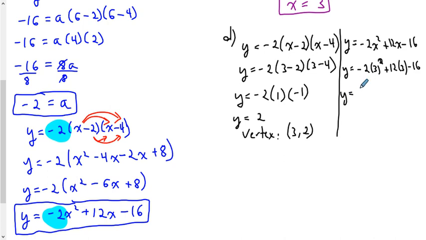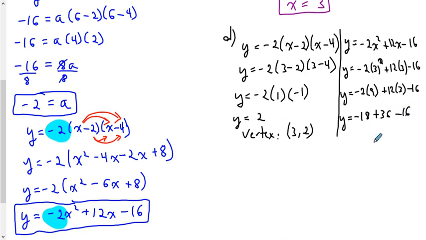All right, well, I'm going to do my exponents first. So 3 squared is 9. So 2 times 9 is minus 18. 12 times 3 is 36.